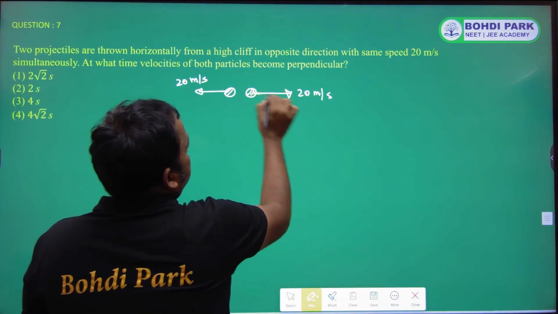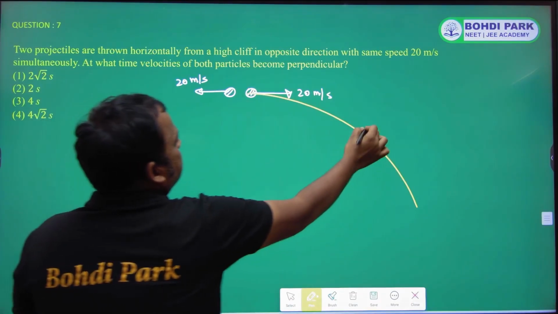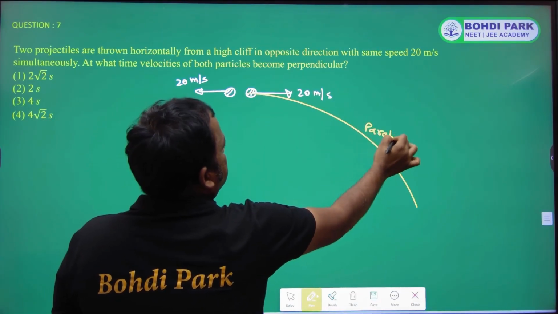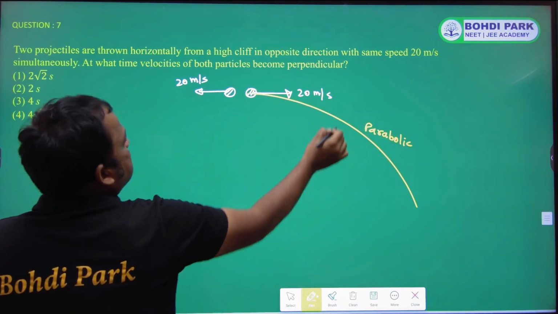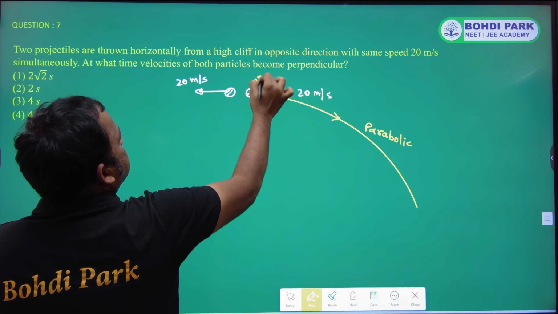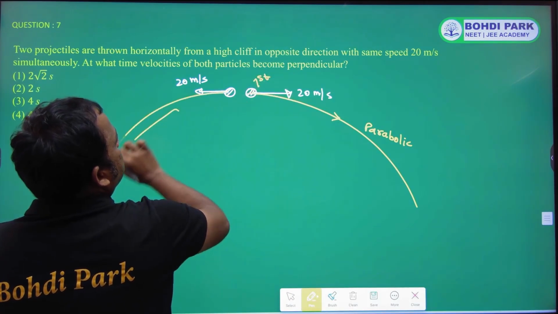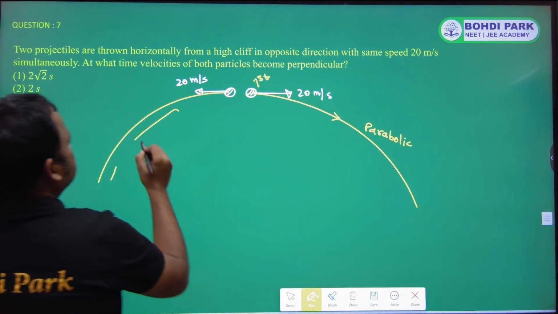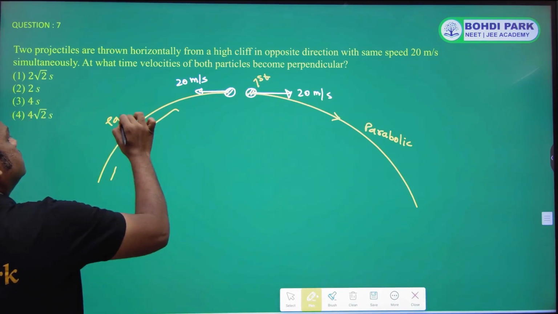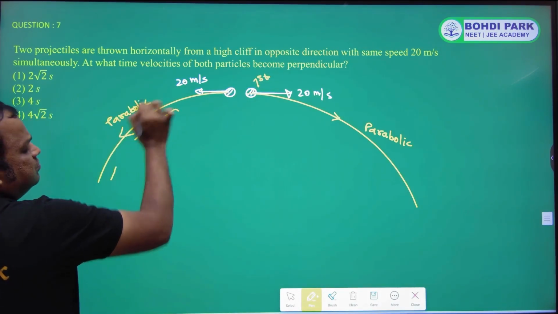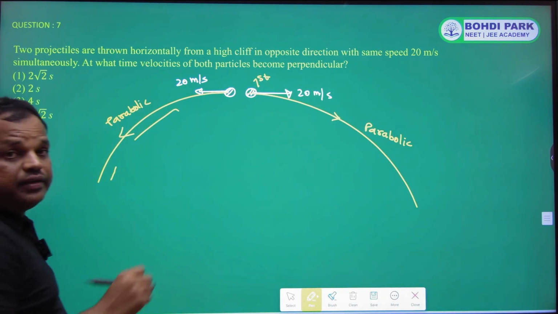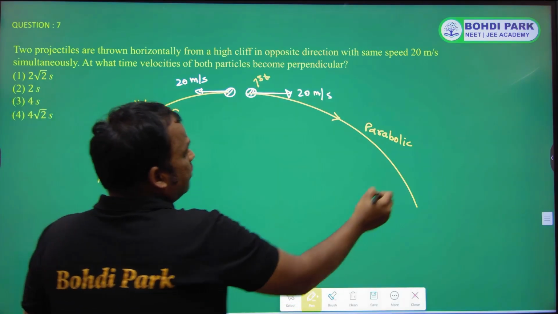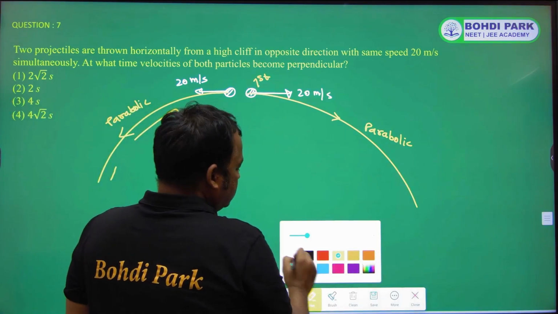Now path followed will be projectile motion, parabolic path. So this is the path followed by first and this is the path followed by second. So we have to find after what time their velocities are perpendicular.